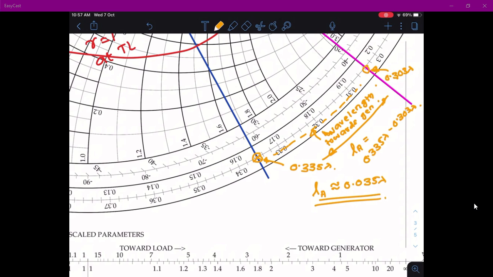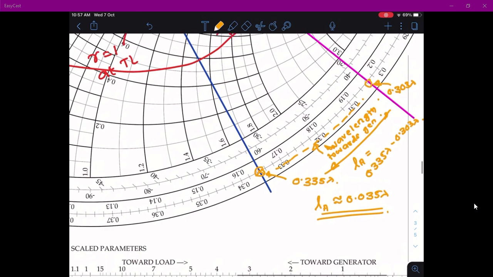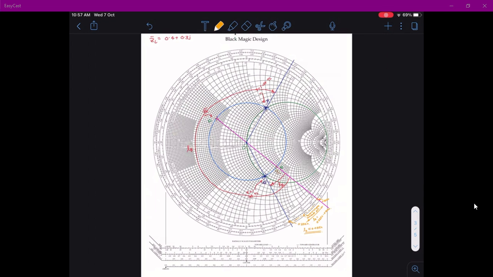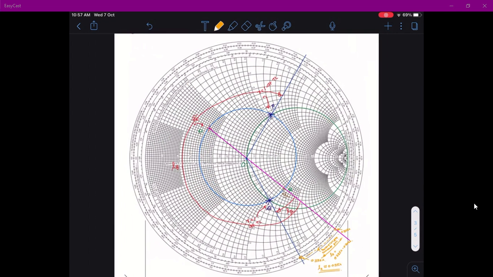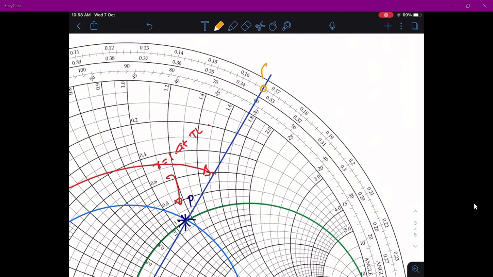So your stub should be connected at a distance of about 0.035 lambda from the load.